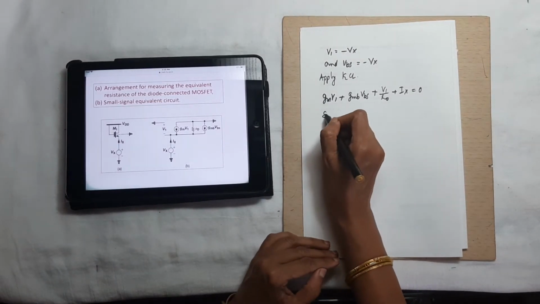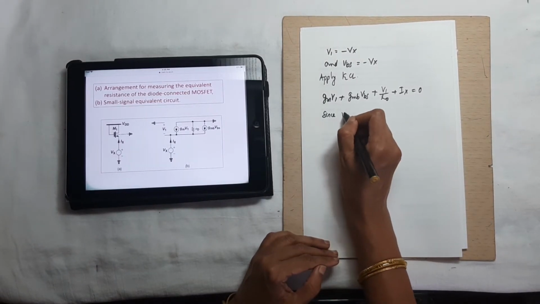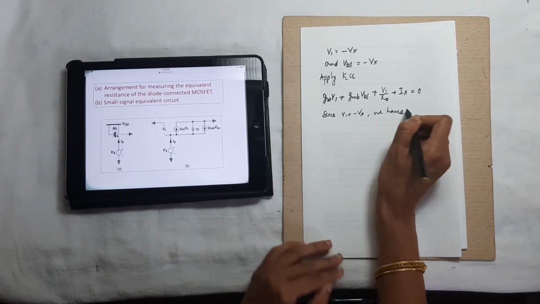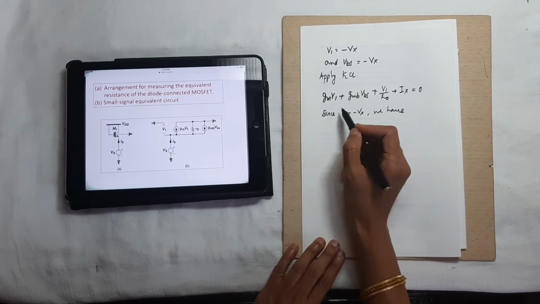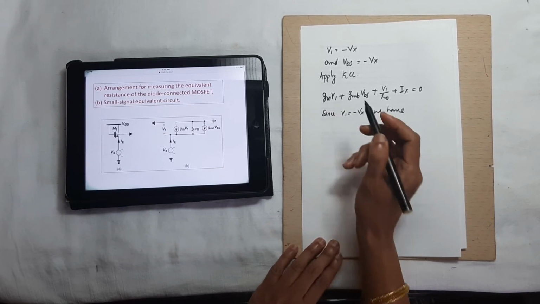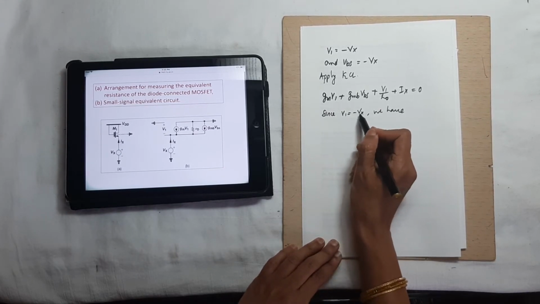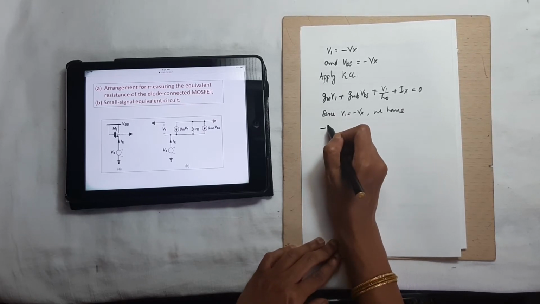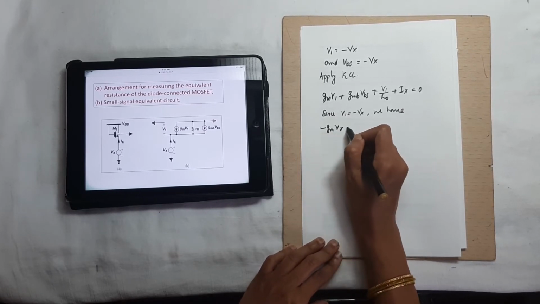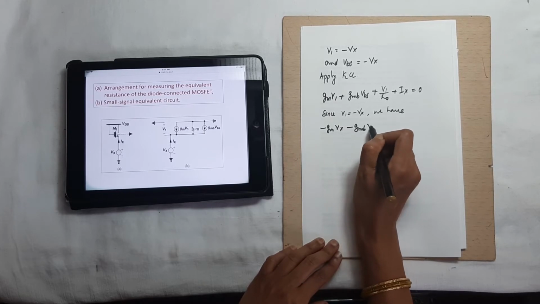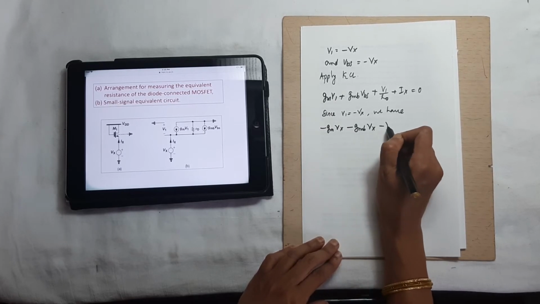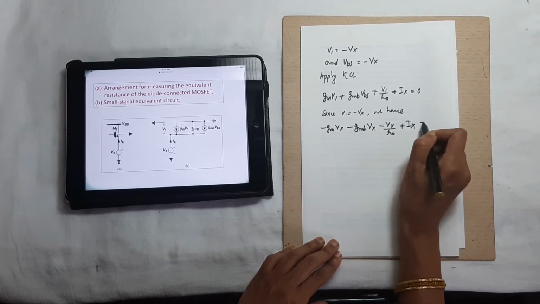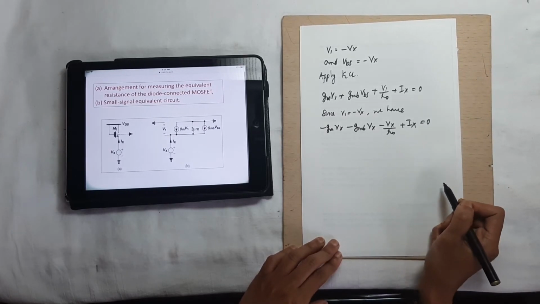Since V1 is equal to minus Vx, substituting, we get minus gm Vx minus gmb Vx minus Vx divided by R0 plus Ix equal to 0.